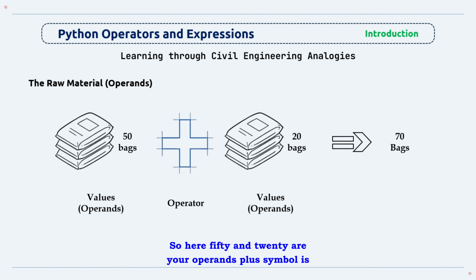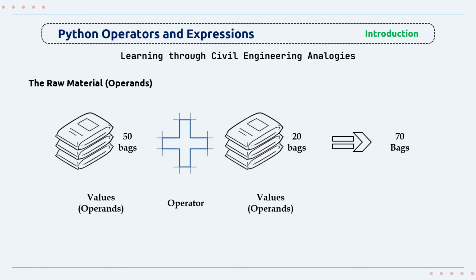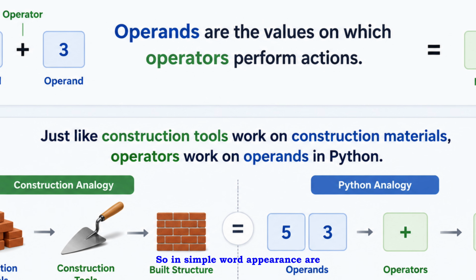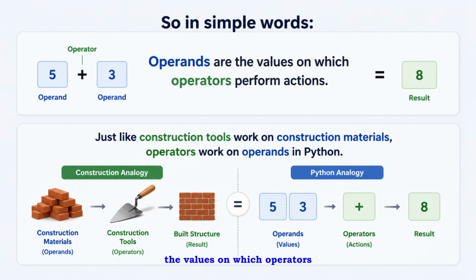So here 50 and 20 are your operands, plus symbol is the operator, and 70 is the output or result. So in simple words, operands are the values on which operators perform actions. Just like construction tools work on construction materials, operators work on operands in Python.